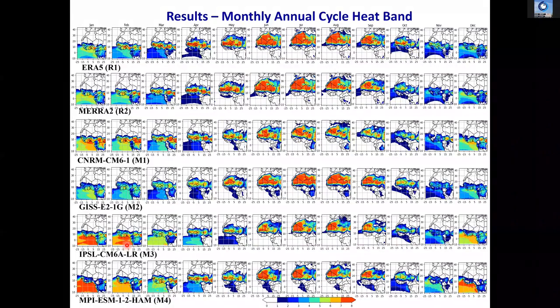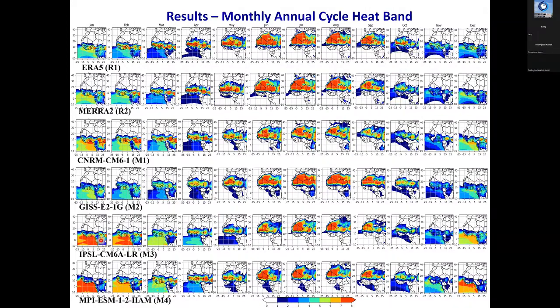Also a bit consistent, but we can see clearly that there might be certain processes that are contributing to this simulation of a stronger heat band on the coast. This can be attributed to the fact that it has been reported that climate models actually simulate strong biases of sea surface temperature in the Gulf of Guinea, and this may be driven by other processes.